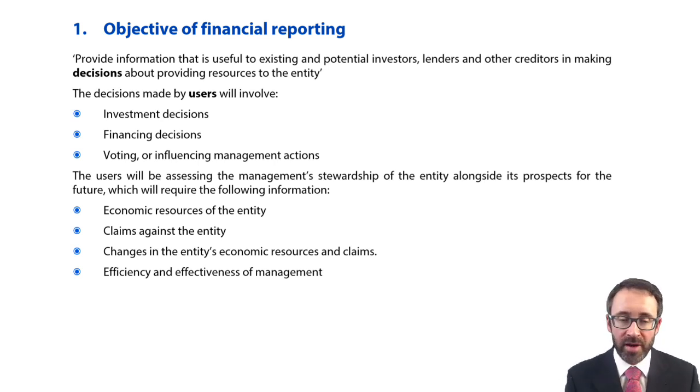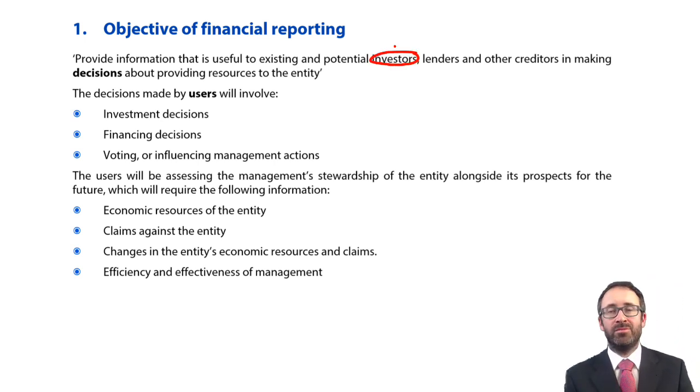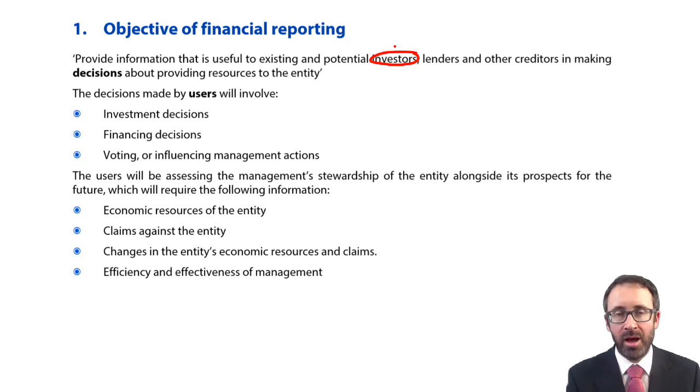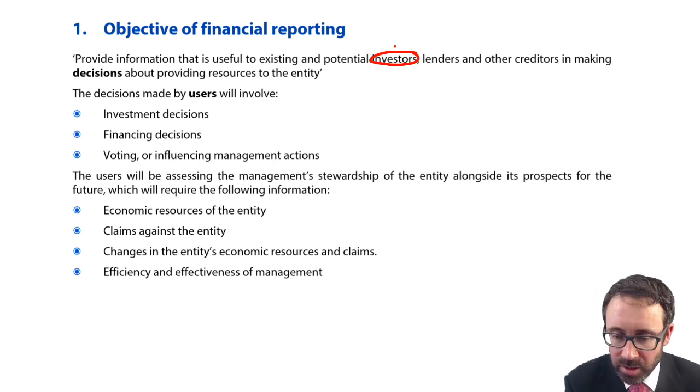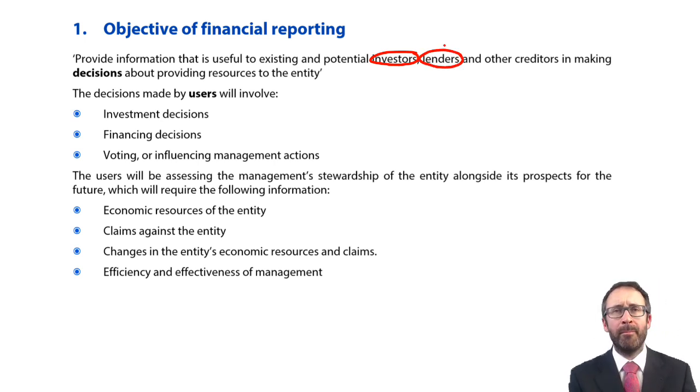It starts off by introducing us to who the users of the accounts are. So we're looking at your investors, within equity, investors in debt if you so wish, and lenders, which are banks and other financing institutions.